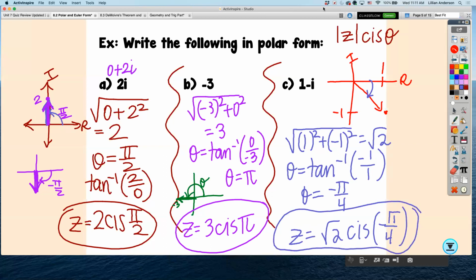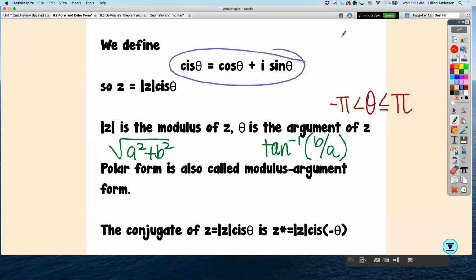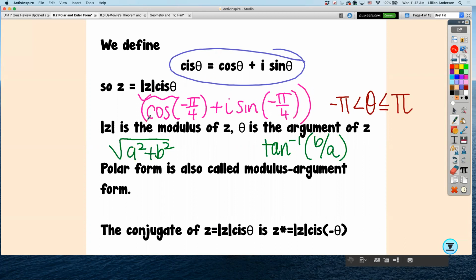Questions on going from rectangular to polar? So remember, cis is essentially cosine theta plus i sine theta. So when we found those complex numbers, this is the shortened way to write that. If I wanted to write it the long way, like that last one, it would have been the cosine of negative pi over 4 plus i sine negative pi over 4, and then I would have the modulus, which was root 2, on the outside.